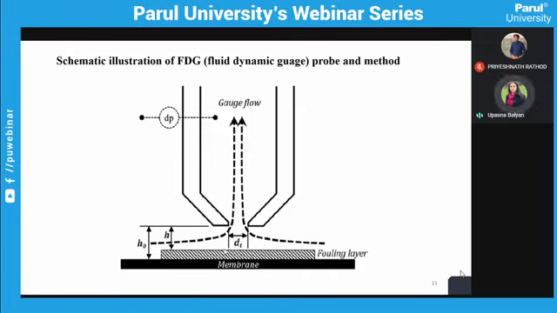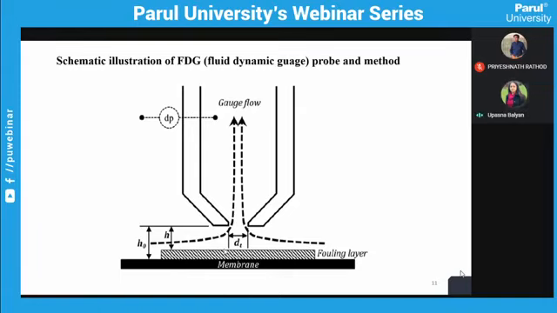And when this pressure drop starts, that is the actual position of your fouling layer. So the constant gauge flow is withdrawn through the probe, which results in an incremental pressure drop over the probe when it is close to the surface.